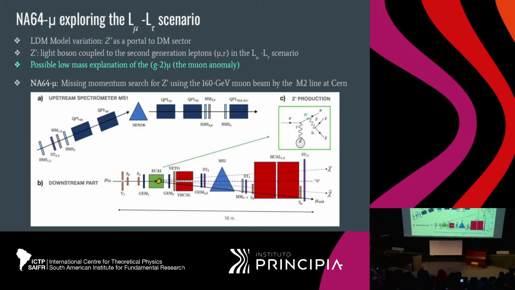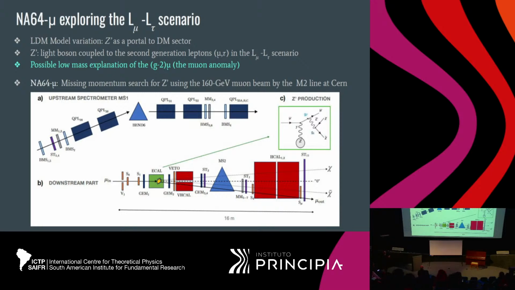The idea is to access other dark matter models that foresee a very weak coupling to electrons, but an important coupling to second-generation leptons, mu and tau, for example. One of these scenarios is the so-called L mu minus L tau scenario. I won't go into detail here, but it is considered very interesting because it could be an explanation of the so-called g minus 2 anomaly.